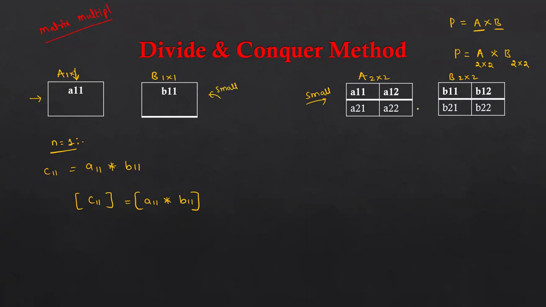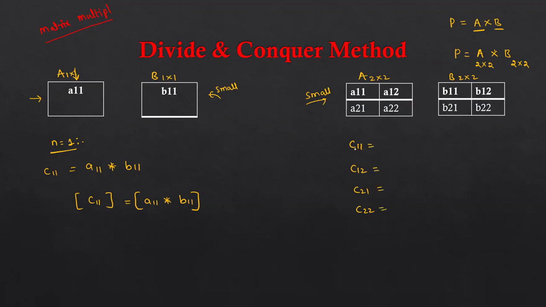Okay, let us know how to compute matrix multiplication, and how to find the C11 value, C12 value, C21 value, C22 value. So how do I calculate these values?